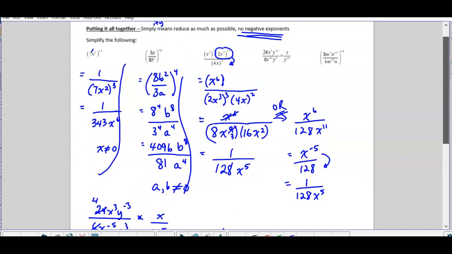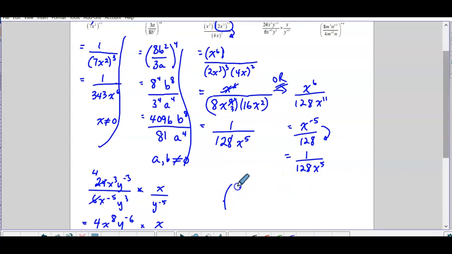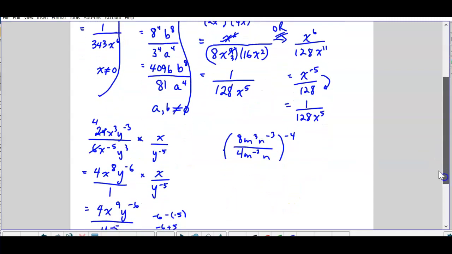Okay, and then the last one here, I'm just going to copy it out again. So 8m cubed n to the negative 3 over 4m to the negative 2 n, all to the negative 4. Okay, so a couple of things.